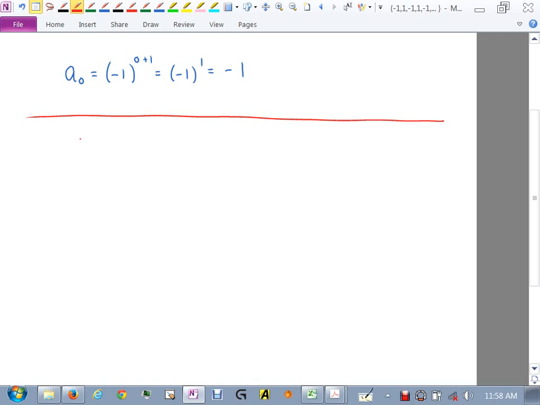How about this one? 1, 2, 4, 8. I forgot to alternate it. How about that?